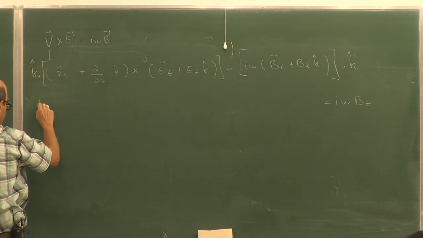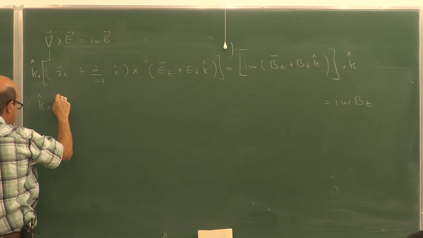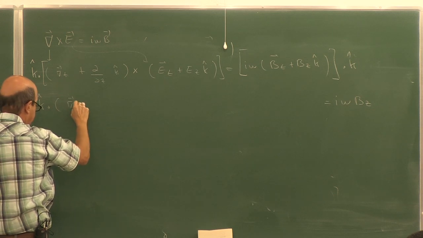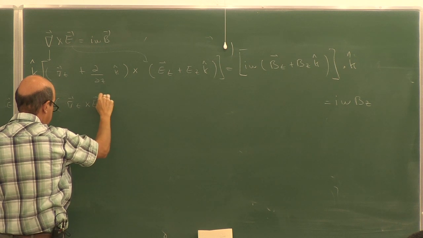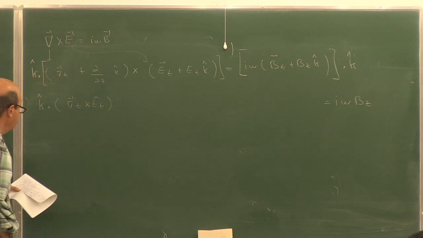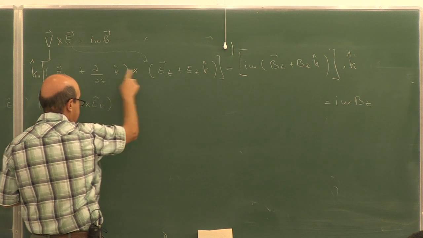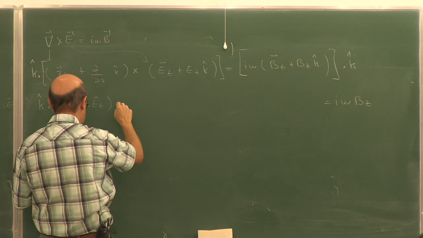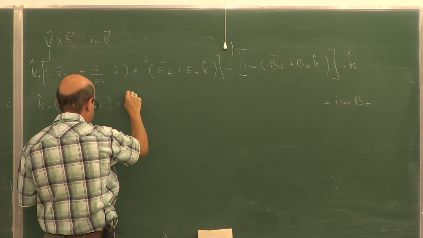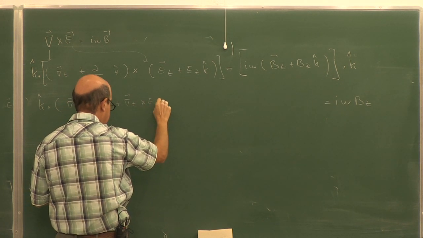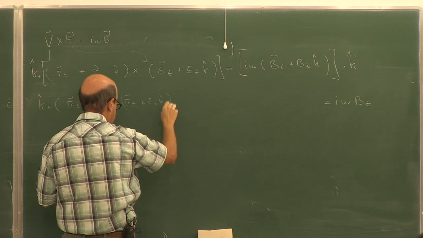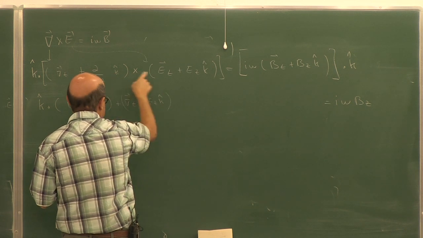First term, k dot curl of E transverse. And what are the other terms? This and that curl, that is equal to curl of the transverse Ez k hat. And what is this?